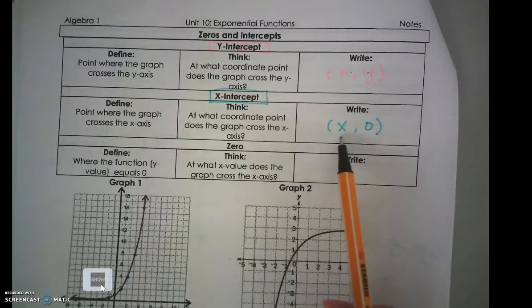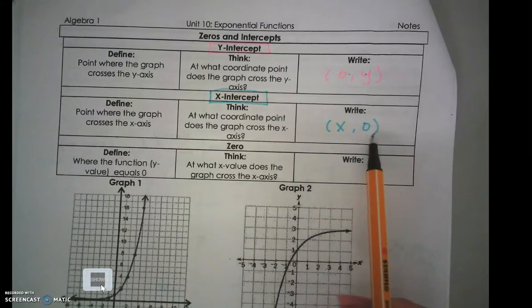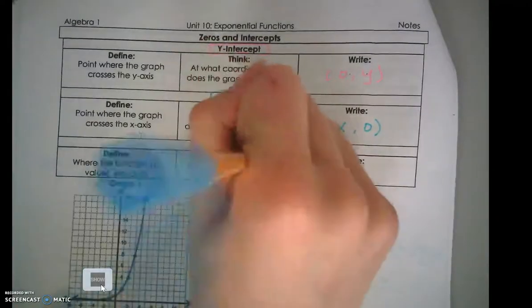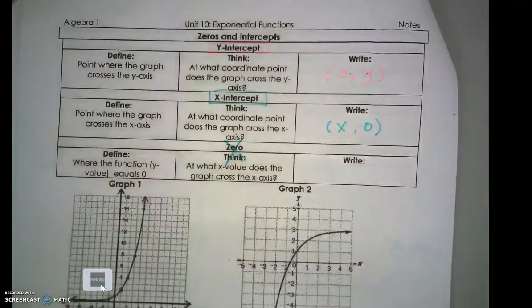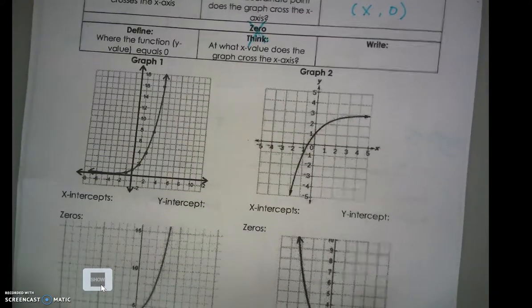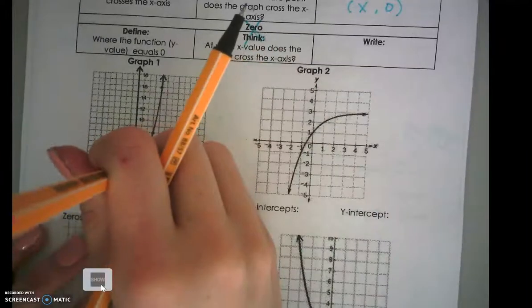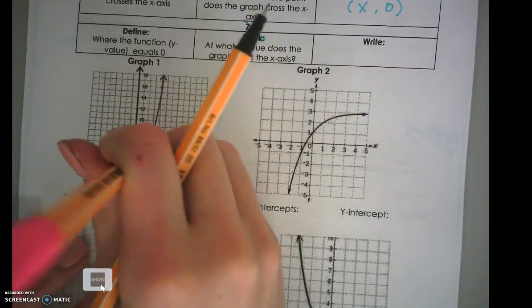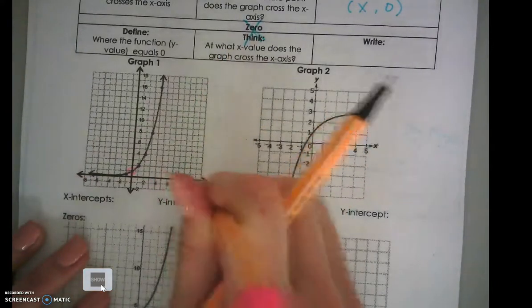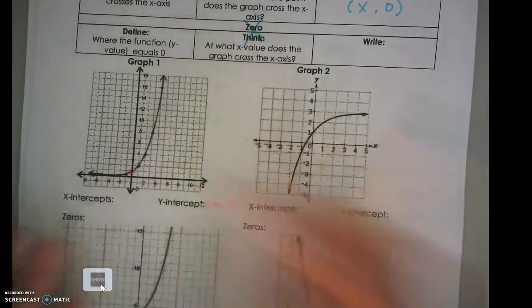Whatever this x value is, my y value will have to be 0 if I'm on the x-axis. And we don't need to worry about zeros. That's more in quadratics. So let's identify them. My y-intercept is right here where it crosses the y-axis, and that's at a y value of 1.